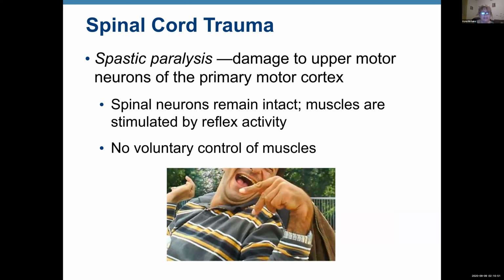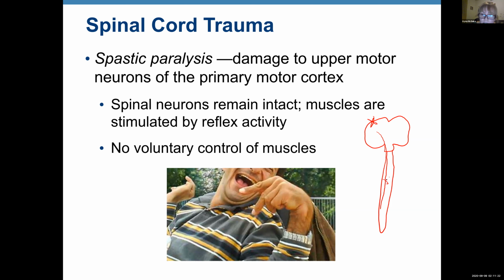Now, when we have spastic paralysis, there is damage to upper motor neurons or the primary motor cortex. So here's the brain, brain stem, and then spinal cord, right? The damage is going to be in the primary motor cortex, that we just discussed, or these neurons that move down through the spinal cord.